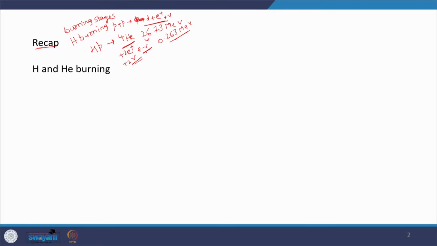I have calculated the effective energy produced in the fusion of 4 protons into helium-4, and by taking some realistic values of the luminosity of the sun and mass of the sun, we have seen that the sun is a middle aged star, but remember that requires the fact that the burning is taking place at the center of the sun, where about 10% of hydrogen is there, and we have done some calculations in the previous lecture.